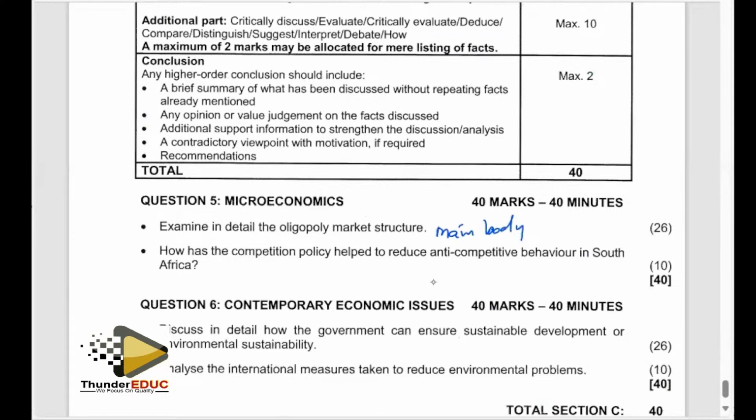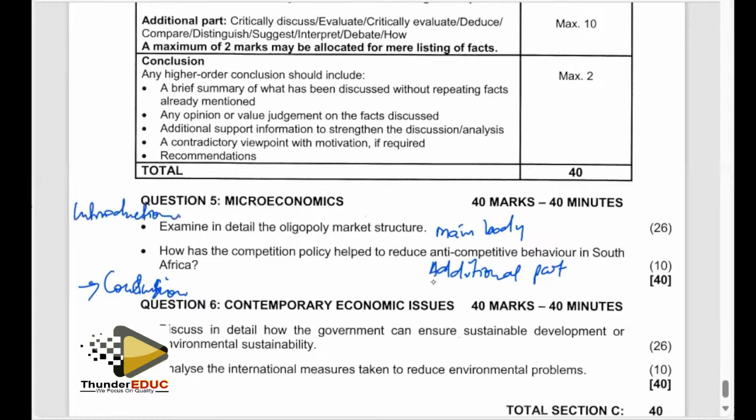And then this 10 marks question is your additional part. So now you only have to come up with your conclusion as well as your introduction.